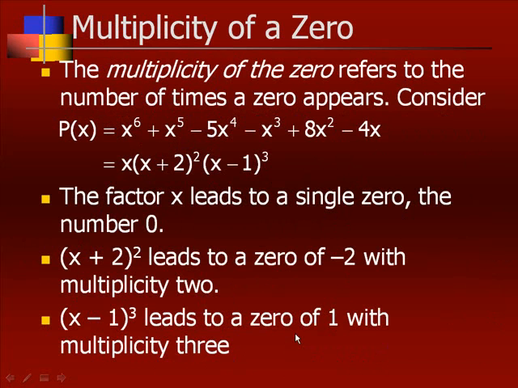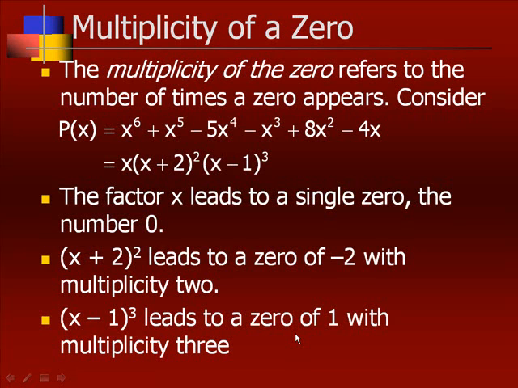Now, the multiplicity of the zero refers to the number of times that a zero appears. Consider p of x equals x to the 6th plus x to the 5th minus x to the 4th minus x to the 3rd plus 8x squared minus 4x, which factors as x times x plus 2 squared times x minus 1 cubed.